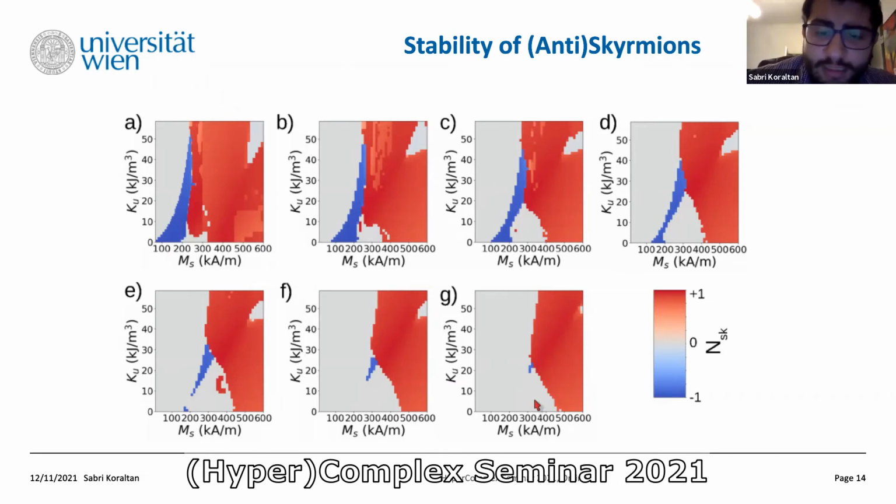And with the increasing magnetic field, this phase pocket gets smaller and smaller until only a little bit of, let's say, stability region is visible. When we repeat the simulations starting with skyrmions, then this blue region just transitions to red. So we have skyrmions stable all over.